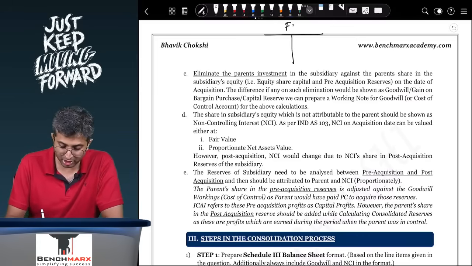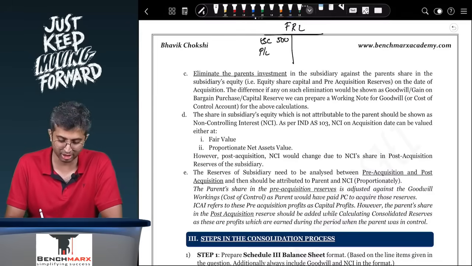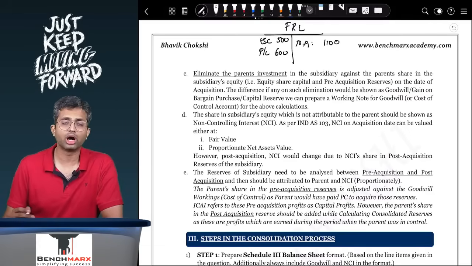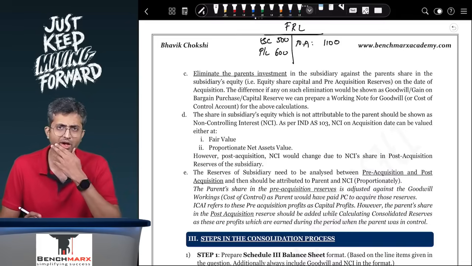Now, if I look at Future Retail Limited, FRL, its equity share capital is, let us say, 500. Let us say its P&L as on the date of acquisition, or retained earnings, is another 600, and let us say the net assets that Future Retail has is worth 1100. Now, in order to get a 70% stake in this, Reliance has actually paid 1,000 rupees.